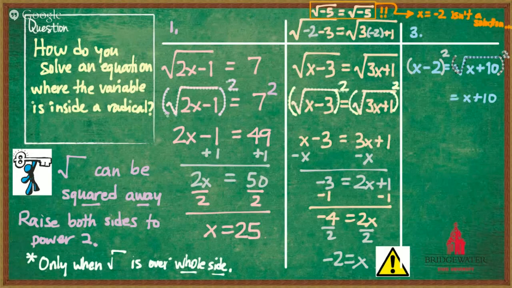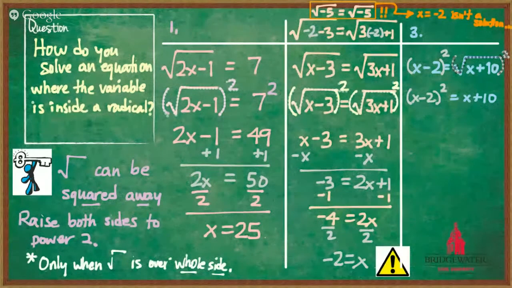But then the thing to be careful about is on the left-hand side, we have the square of a binomial. We have the quantity x minus 2 squared. And because it's a binomial, because we have subtraction going on inside the parentheses, we can't distribute that power. We have to rewrite it and multiply it out using the distributive property of multiplication over addition, better known as FOIL.